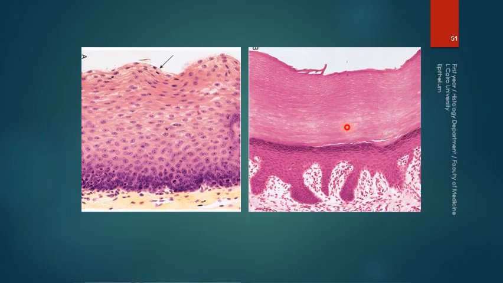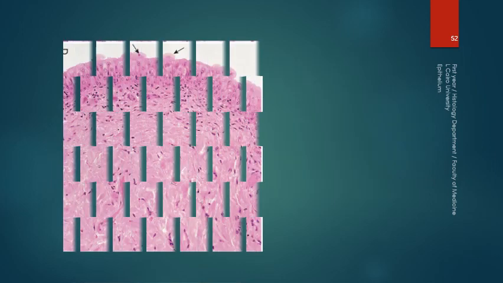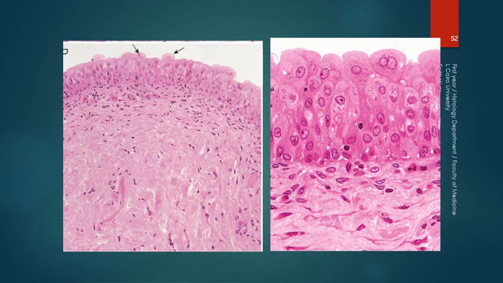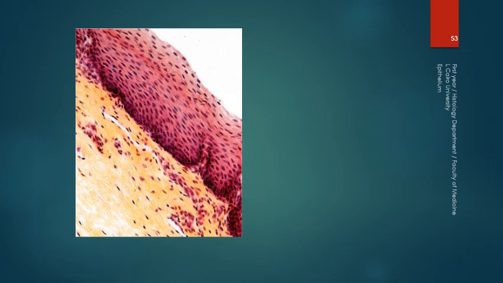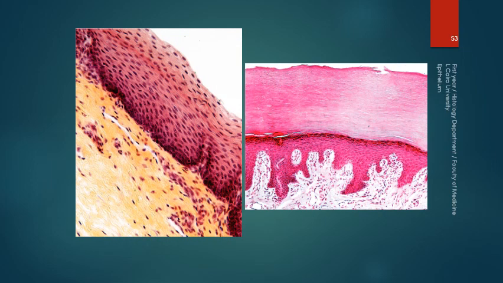This is the stratified squamous epithelium, non-keratinized, and this is the keratinized stratified squamous epithelium. This is the transitional epithelium. This is again non-keratinized stratified squamous epithelium, and this is keratinized.